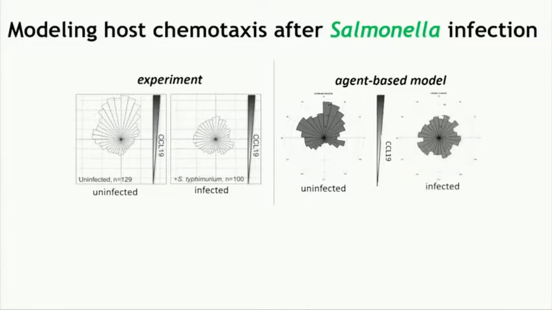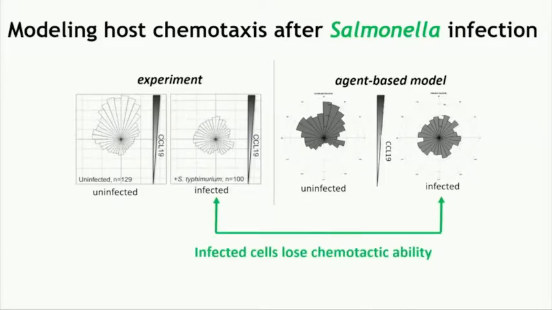Whereas if we have infected cells, that's actually restricted, as I mentioned. The Salmonella want to prevent those dendritic cells from being able to migrate. And we've simulated this, and you can see the results on the right side of the slide here. The uninfected cells are able to undergo chemotaxis in a directed manner, whereas the simulated infected cells are not able to. And so we've been able to recapitulate that chemotaxis effect as a result of infection.